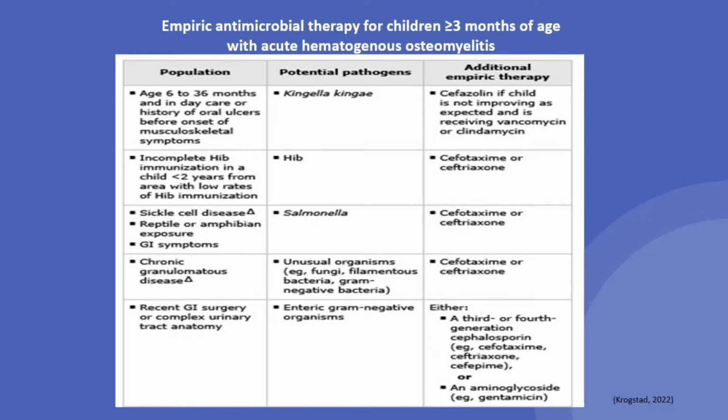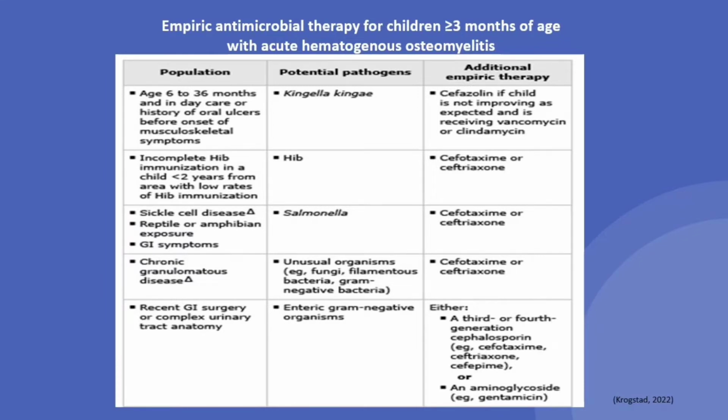Next is people with chronic granulomatous disease. The potential pathogen is unusual organisms like fungi, filamentous bacterium, gram-negative bacteria. Starting from the age group of less than 2 years of age with incomplete Haemophilus influenzae type B vaccination, down to people with chronic granulomatous disease, the additional empiric therapy is either cefotaxime or ceftriaxone.